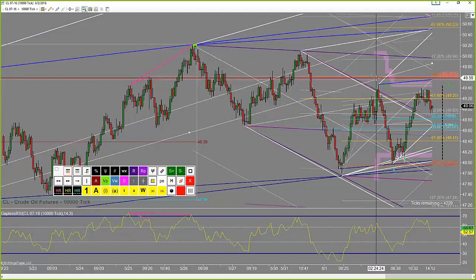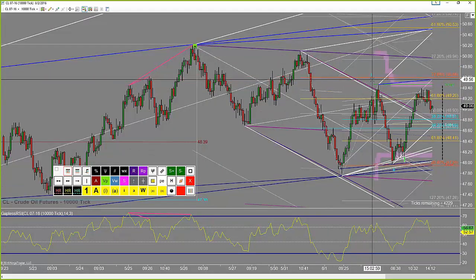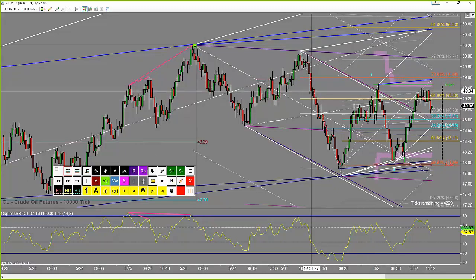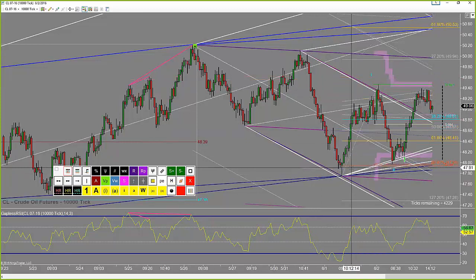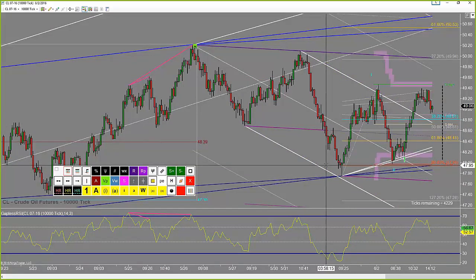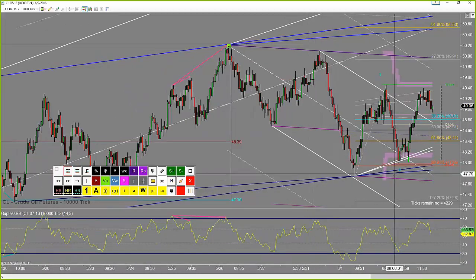Let me just delete all of this. We reversed down from this trend channel line, and we came right down to the average daily range low, which gave me more reason for the long trade there.